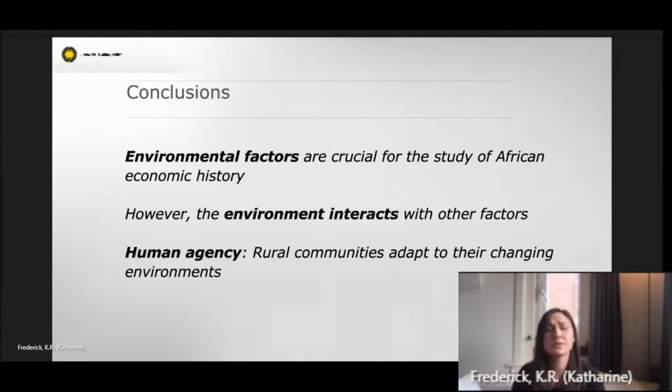And lastly, of course, we've seen that humans have a great deal of agency in coping with changes in their environment and deciding how they will reallocate and reorganize their annual labor in response to environmental changes.